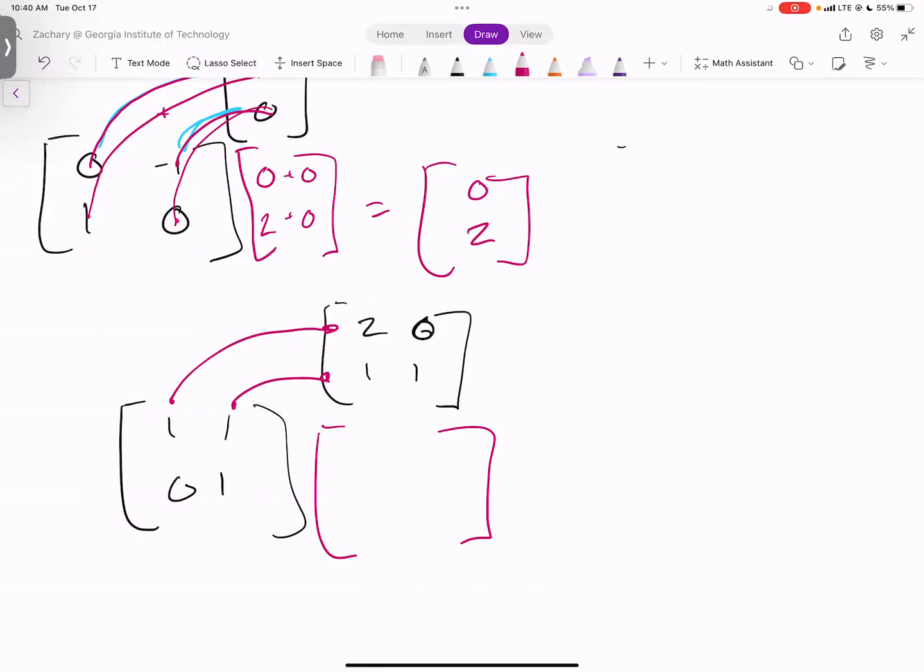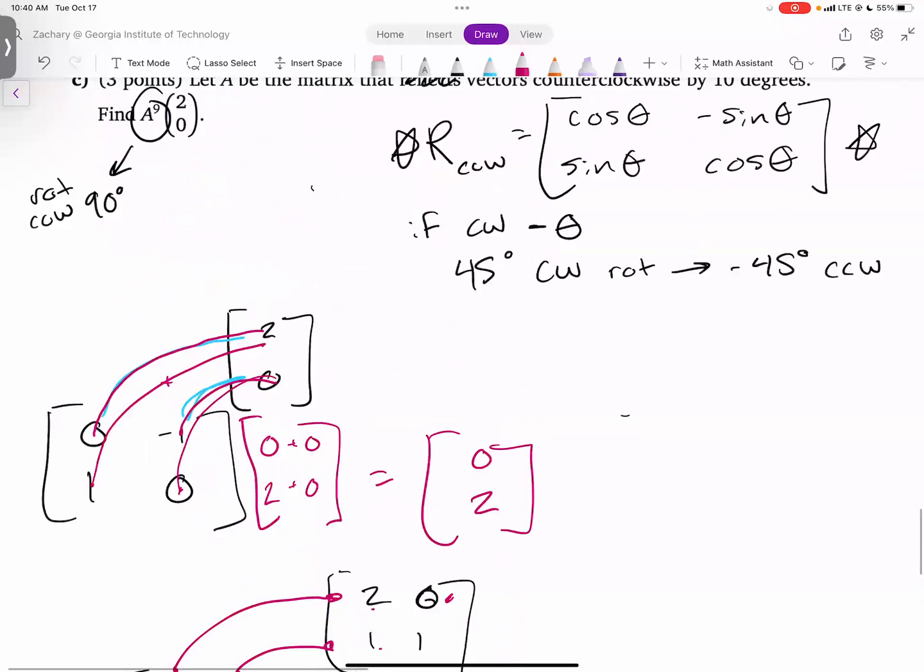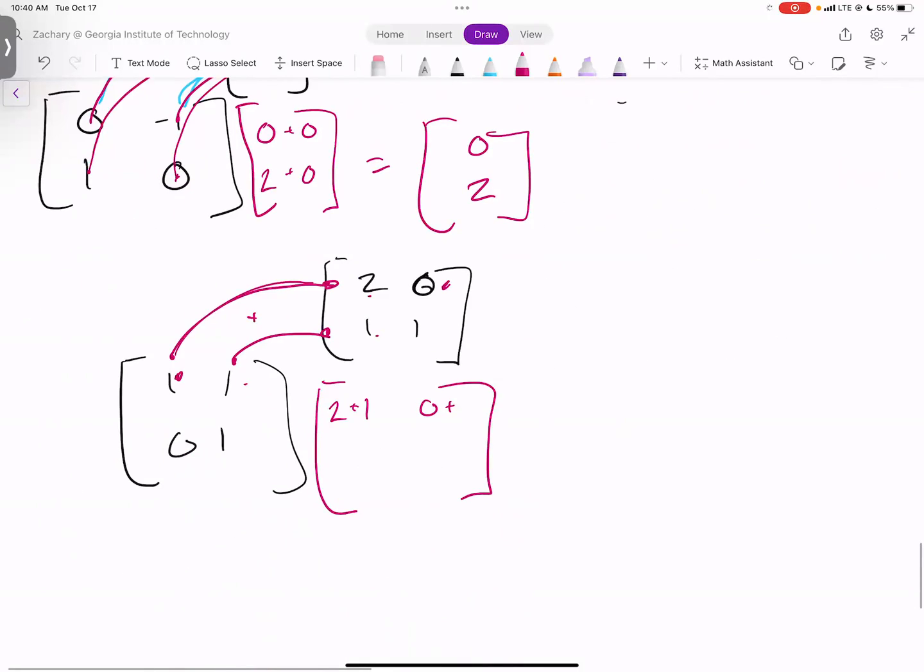In my top left position, I'm going to have 1 times 2 plus 1 times 1. And in my first row, second column, I'm going to have 1 times 0, plus 1 times 1. Because what I'm doing is I'm multiplying across bridges and adding between them. Okay.